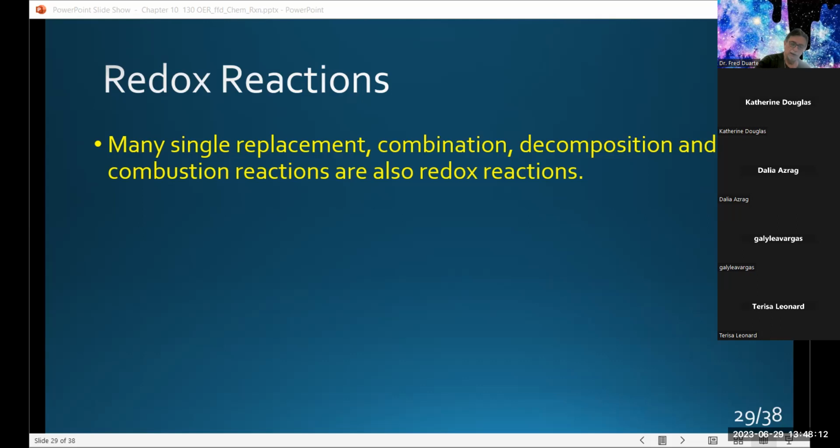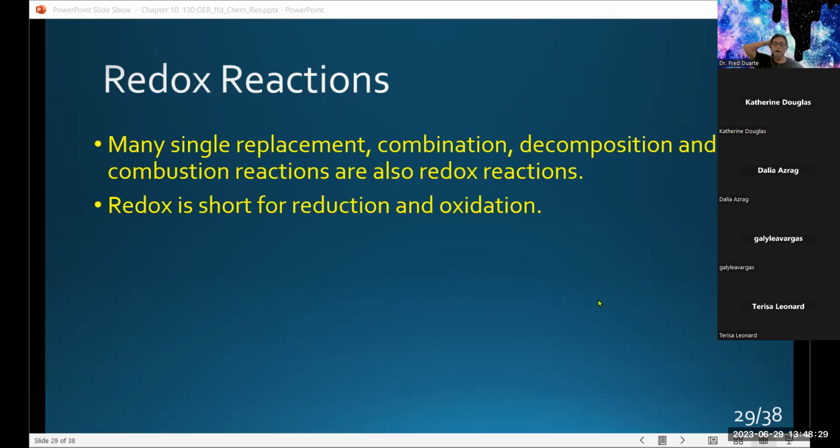Okay, and many of the single replacement reactions, the combination, the decomposition, and the combustion reactions are also known as redox reactions. Okay, and redox is a short term. It's a combination of the terms reduction and oxidation.